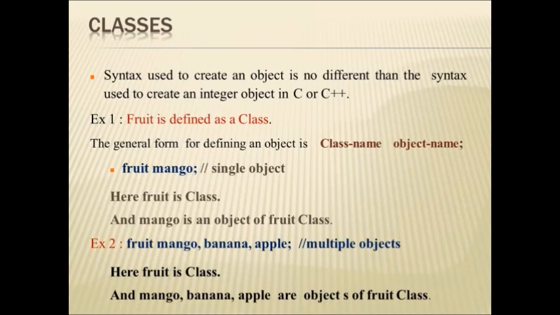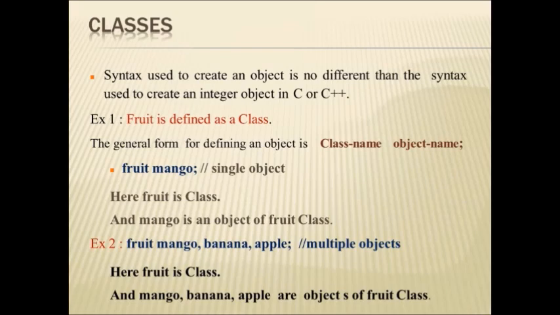If you consider the first example, fruit is defined as a class. So fruit space mango. Here I am defining only a single object. The fruit is a class and mango is an object of the fruit class.